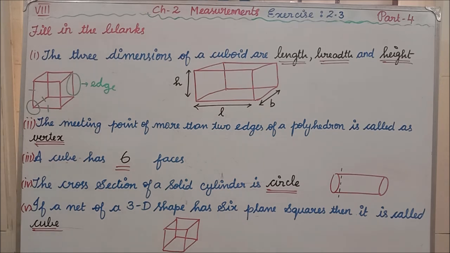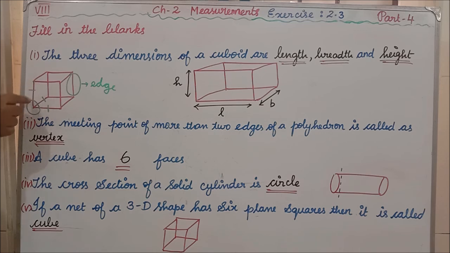Now we will see the second subdivision, fill in. Students, here they are asking for the meeting point of more than 2 edges of a polyhedron. Edges means what? This is an edge. This line is called what? Edge. Okay, they are saying the meeting point of more than 2 edges. This is one edge, this is one edge and another, this is one edge.